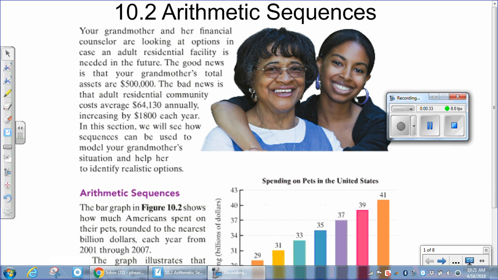All right. So first problem, introduction, which we're going to solve with the last slide. It talks about a grandmother and her financial counselor, looking at options for an adult residential facility, which is very pricey in the U.S. The good news is that the grandmother had already saved $500,000.